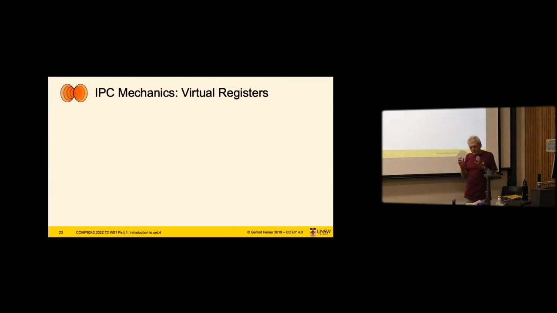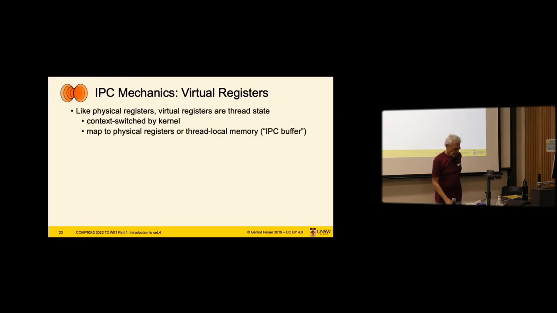Basically, just digging a little bit further into IPC mechanics, you really only need to partially deal with this. A lot of that is hidden away in convenience libraries. One thing is virtual registers. I already mentioned that before. The kernel has this notion of virtual registers which are used for passing the arguments.